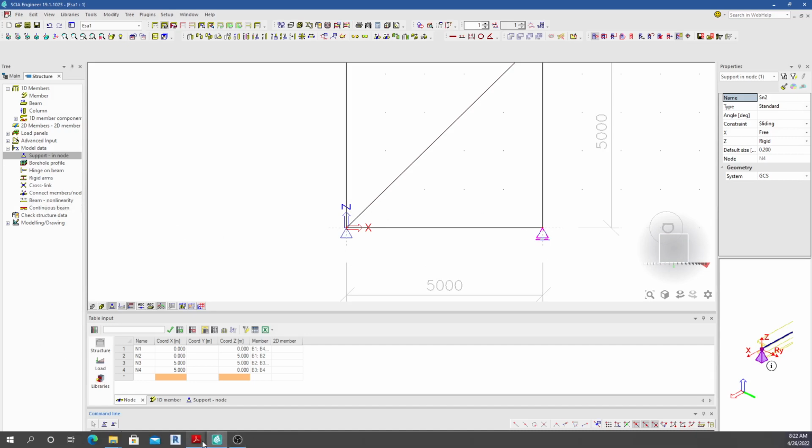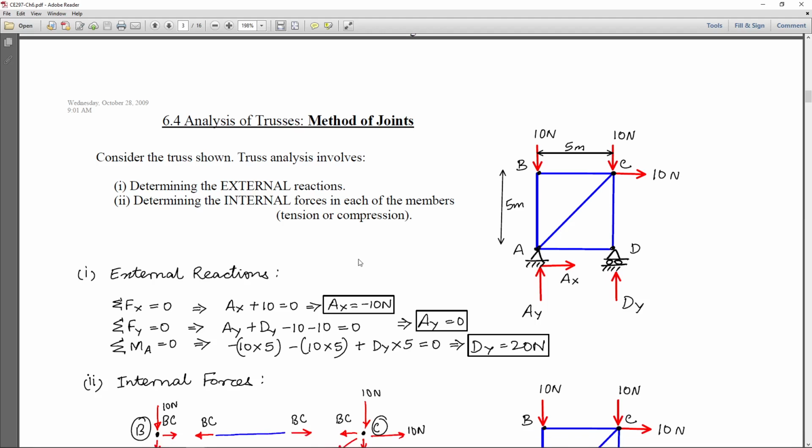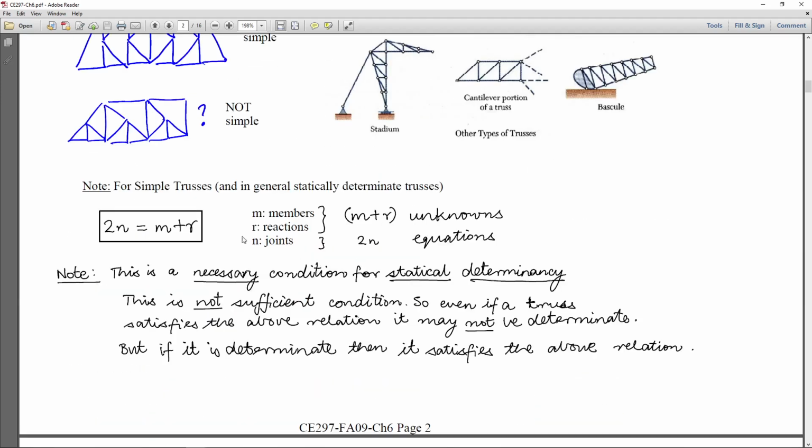We can verify this with such a formula, where n stands for the joints, m stands for the members, and r for the reactions. So this is usually m plus r is greater than or equal to 2n.